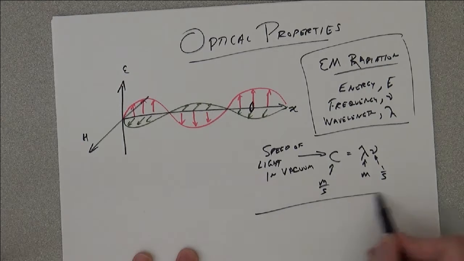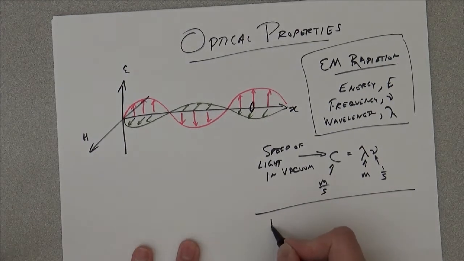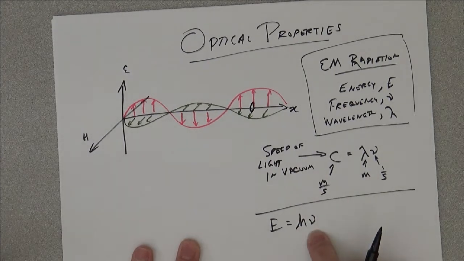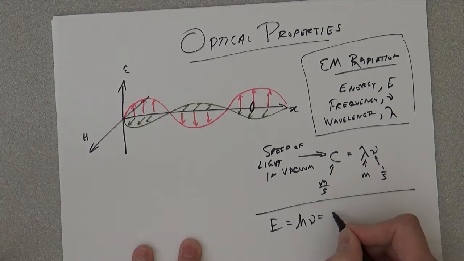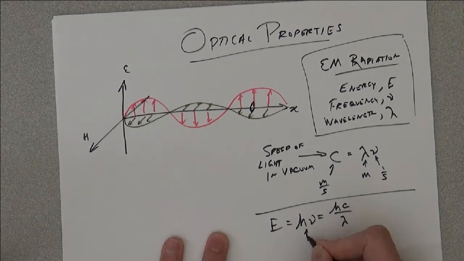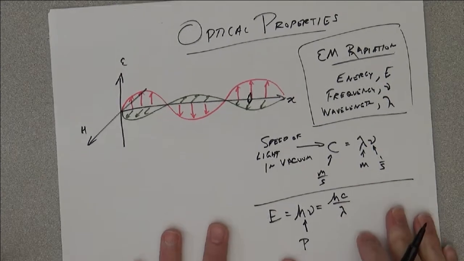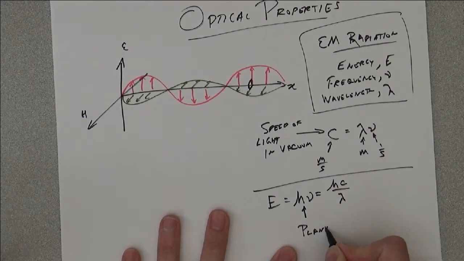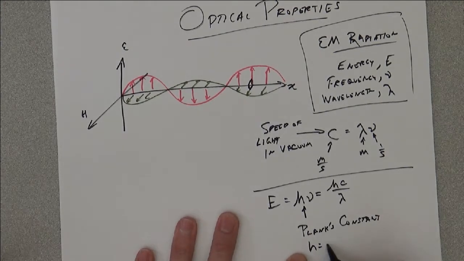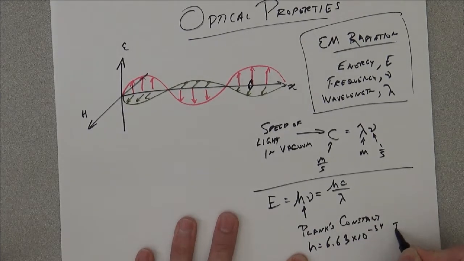The energy is written in terms either of the frequency or the wavelength, in which this h is the Planck constant, and has the value 6.63 times 10 to the minus 34 joules second.